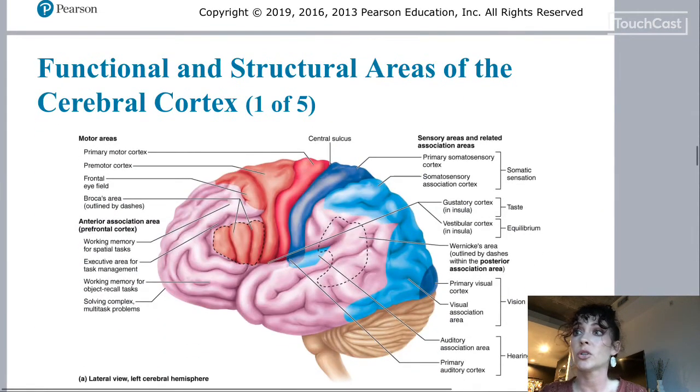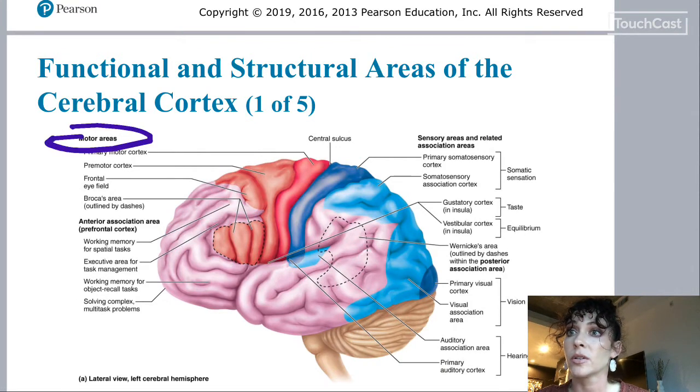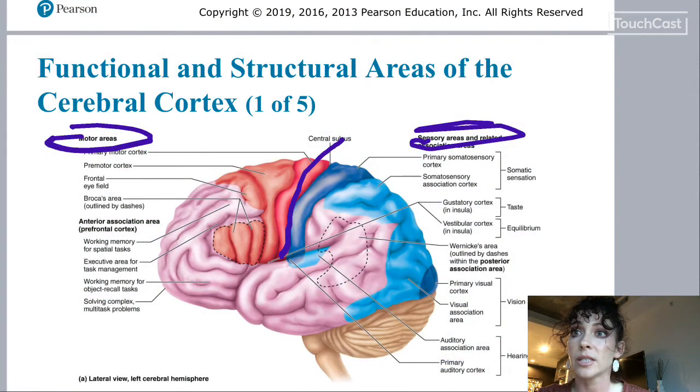If we were to look at this motor section right here, we have this central sulcus separating our sensory area, which starts here, from the motor area in here. Here's our premotor cortex down in here.